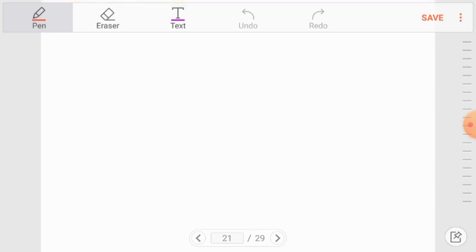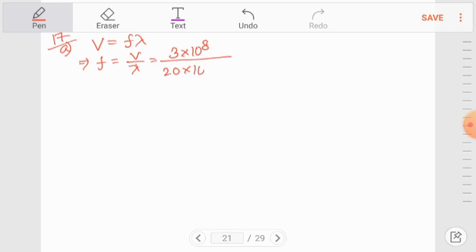Now I'm solving question number 17A for section B. At first, the certain things that are given are the wavelength and the speed. We all know the speed of light is 3.0 times 10 to the power 8. So the only information given so far is the wavelength. So we can use the equation v equals f lambda, and make f the subject, so it will be f equals v over lambda, that's 3 times 10 to the power 8 over 20 times 10 to the power negative 9.